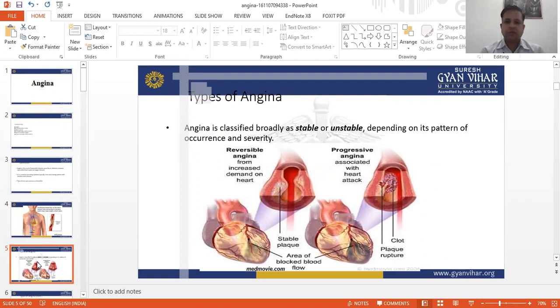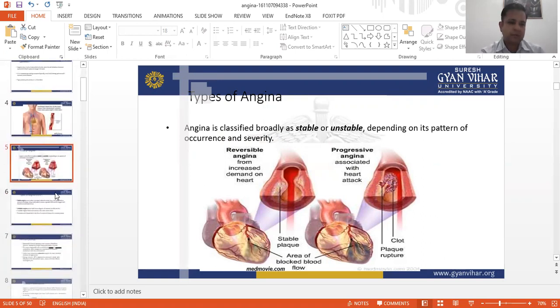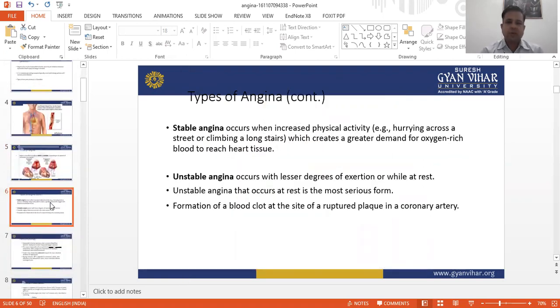Reversible angina results from increased demand on the heart, and progressive angina is associated with heart attack. So basically there are two types of angina, stable and unstable.